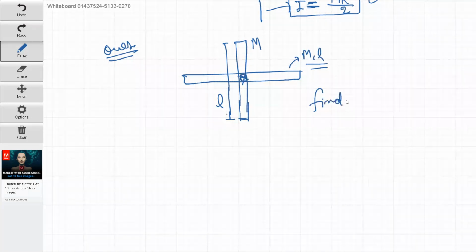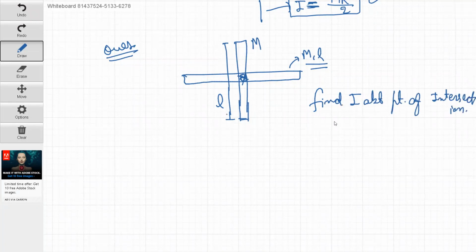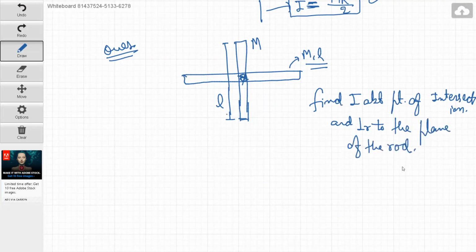Find the moment of inertia about the point of intersection and perpendicular to the plane of the rod. Read fast.